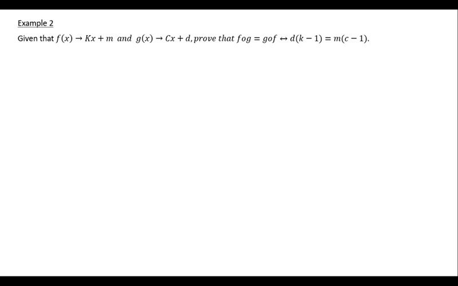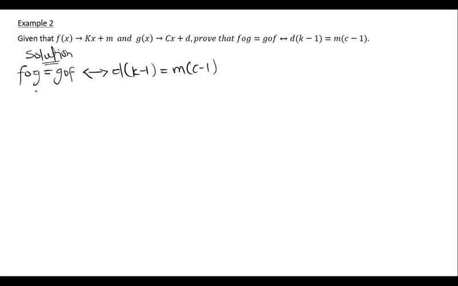So we need to show that f of g being equal to g of f is going to yield the result d(k minus 1) is equal to m(c minus 1). Let's go ahead and see if we can obtain this solution.